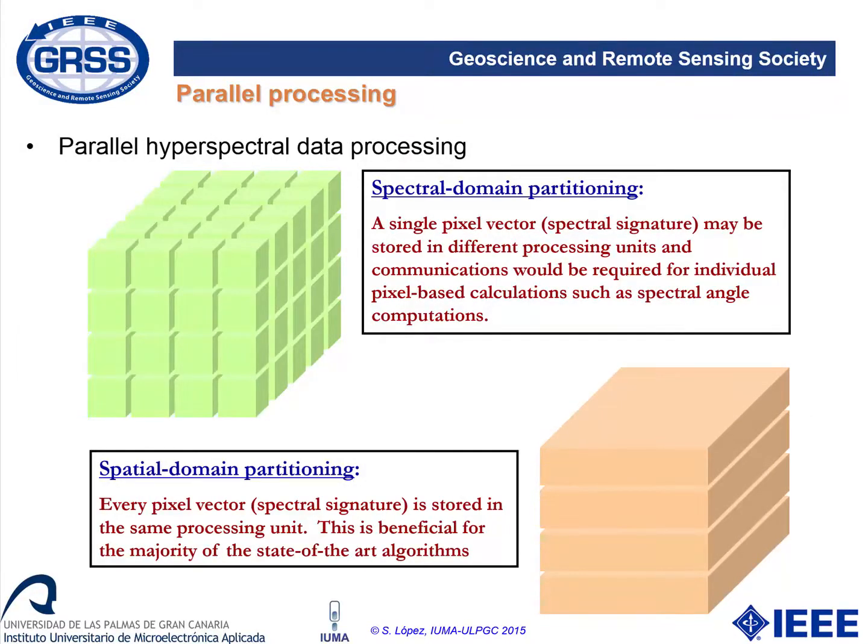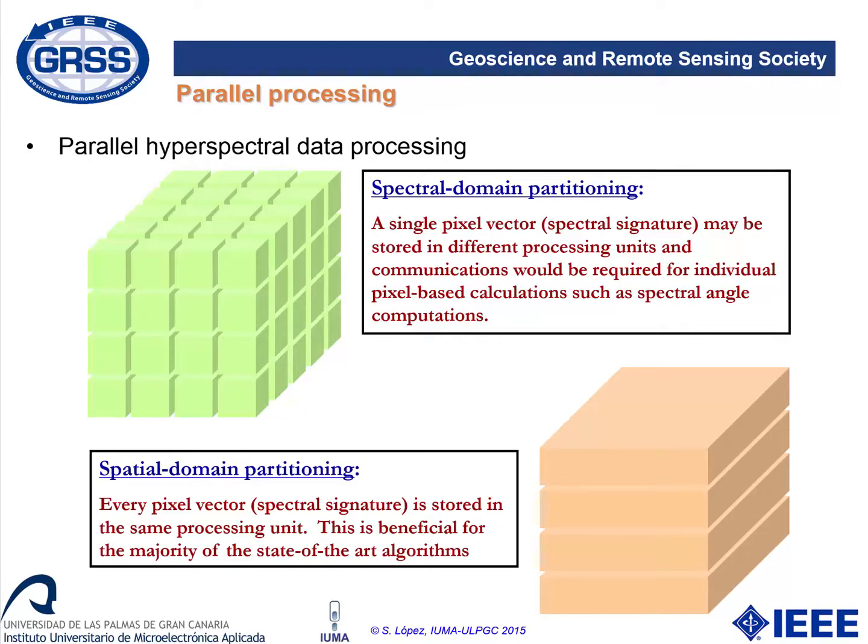Well, in order to do parallel processing with hyperspectral data, we have two main approaches. The first of all is that we do a partitioning in the spectral domain, in the sense that a single pixel vector may be stored in different processing units.